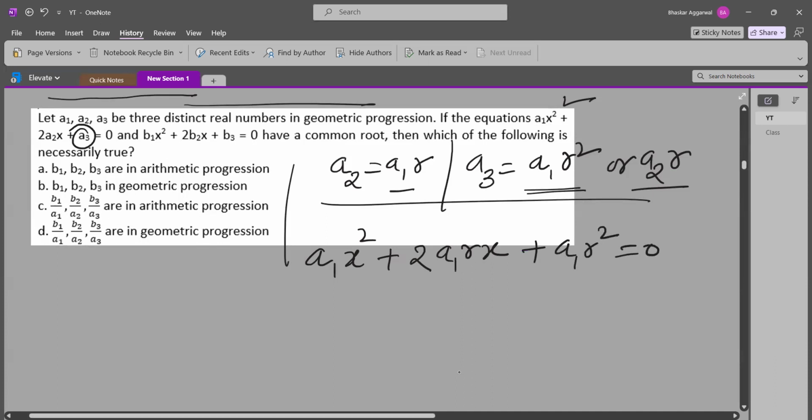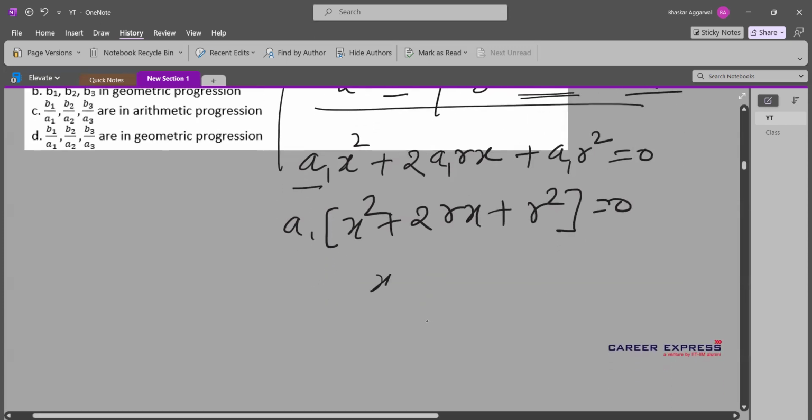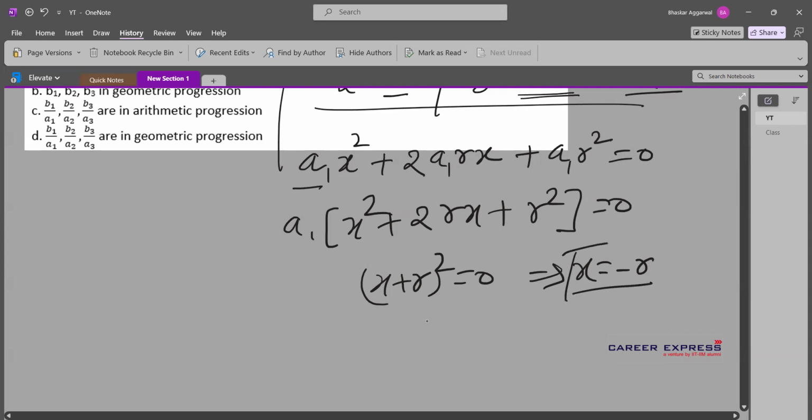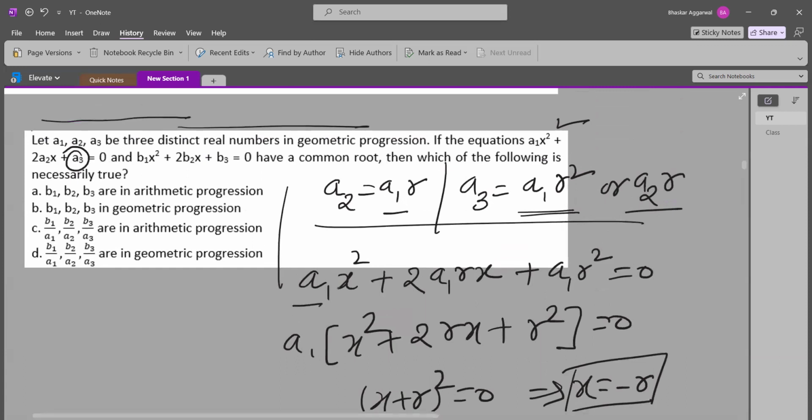That is 0. Since a1 is common, we can remove that. So x² + 2rx + r² = 0, so (x + r)² = 0. This gives x equal to minus r. That is the only root of the first equation.